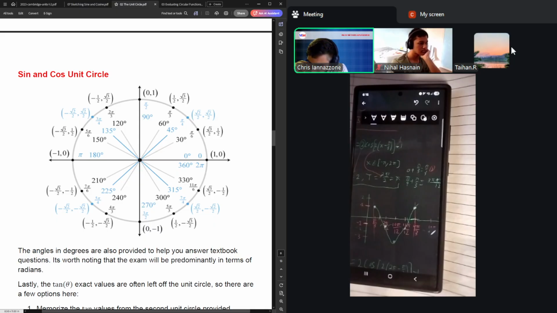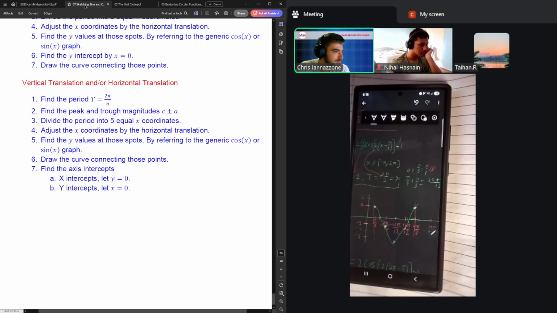How would I start marking things? Let's actually look at all the steps. It's good that I've written down all the steps you have to follow. Even if you just break these into thirds, maybe finding your basic features of period, peak, trough might be 1 mark.